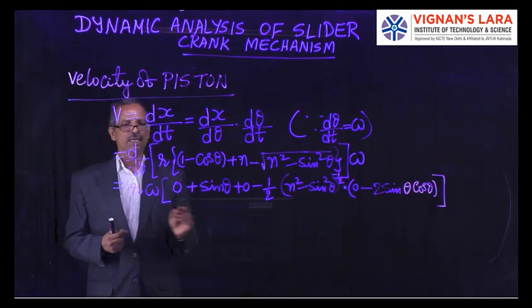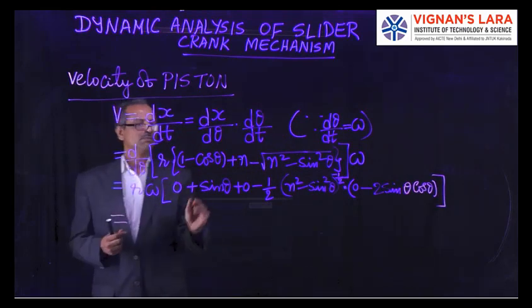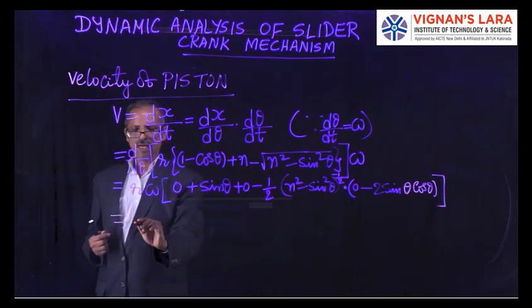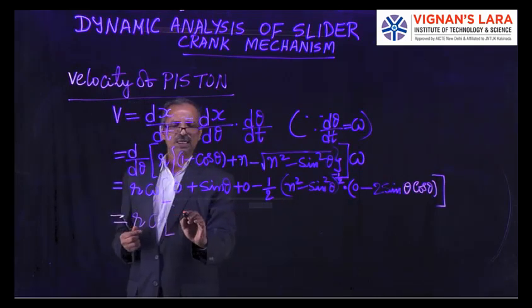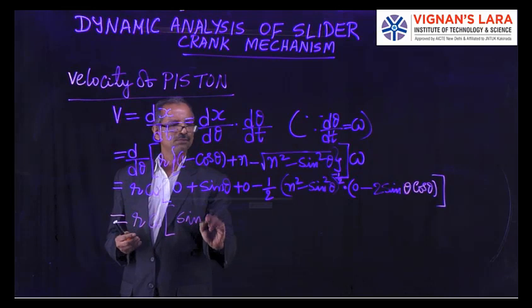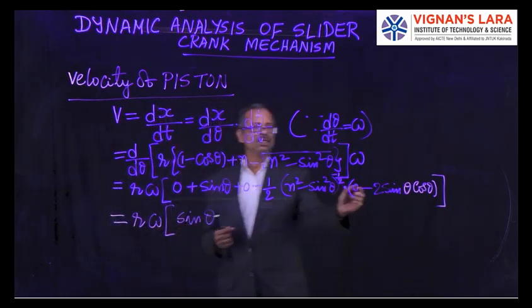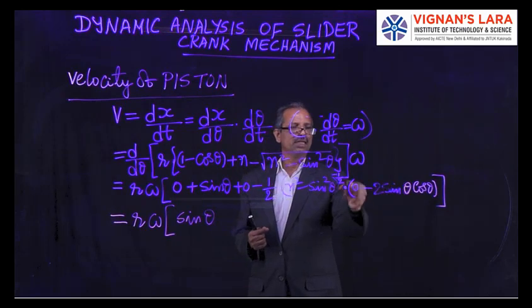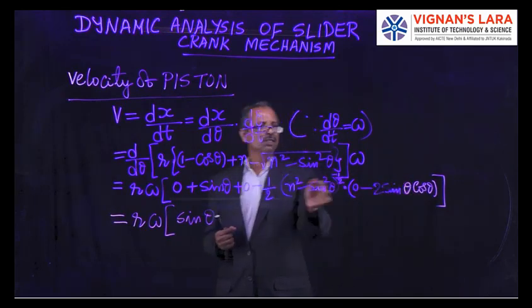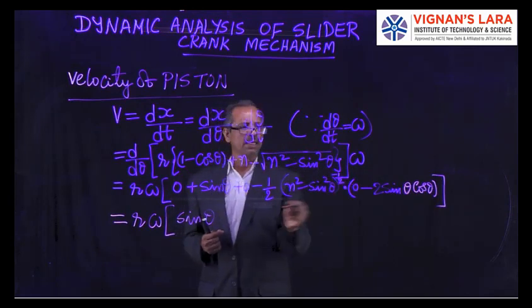Okay, then let us simplify this. This is r omega sin theta. Then here the n term is 0 anyhow. Then what are the terms left? 2 sin theta cos theta, the 2 can get cancelled.